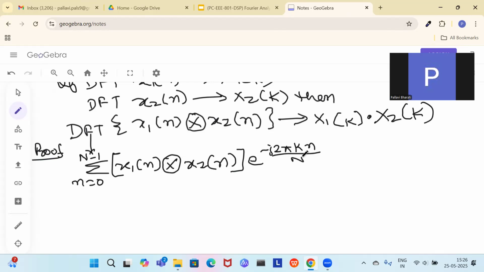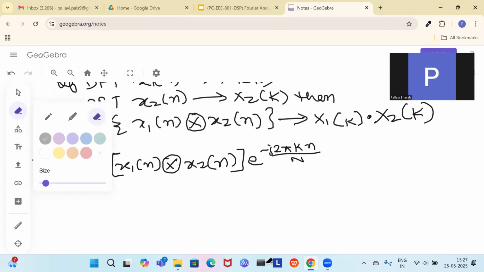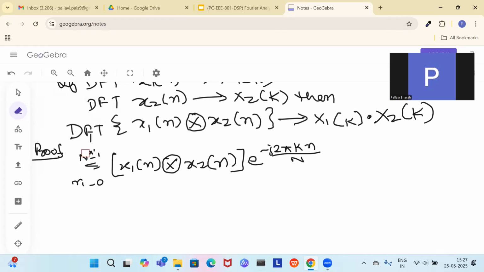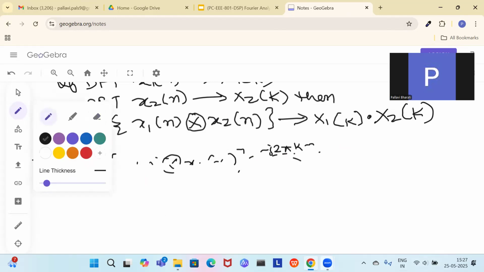In this case it is better to start from the right-hand side. If you start from this side, that is X1(k), the inverse DFT of this will be much easier. So let's get started from the right-hand side.